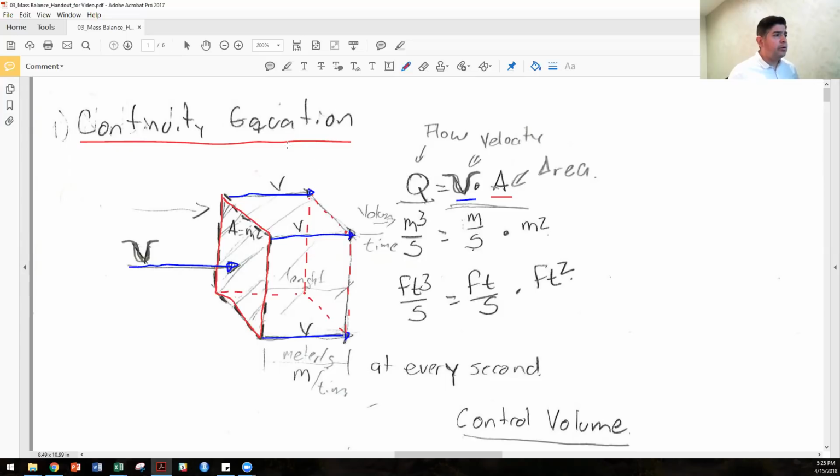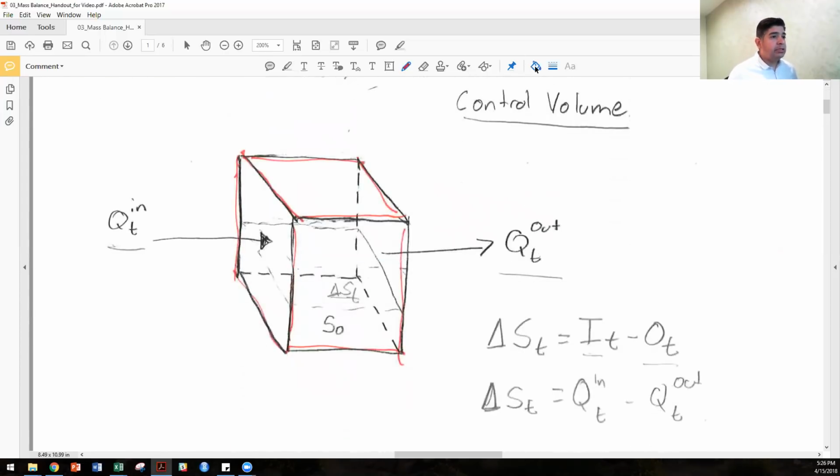Now, throughout water resources management, we're also evaluating these flow rates, addressing how much water is coming in and out and is stored through certain periods of time. So let's imagine that we now have a control volume. This control volume is a cube, the cube that you are seeing here.